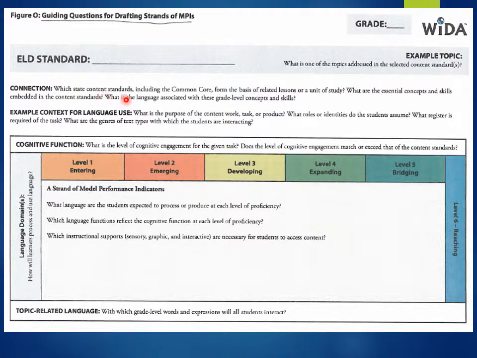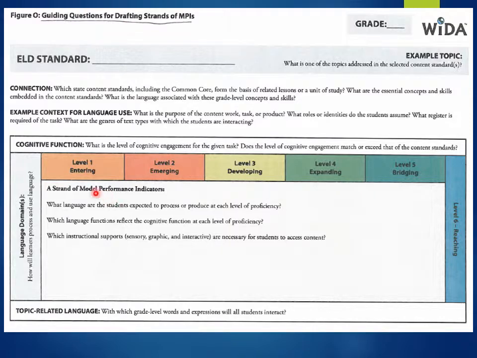So you need to know your content standards, your Common Core content standards, and the concepts and skills that are going to be part of your unit of instruction. You need to make an analysis of the language use. So what types of language functions are your students going to need to engage in order to navigate the content, okay?